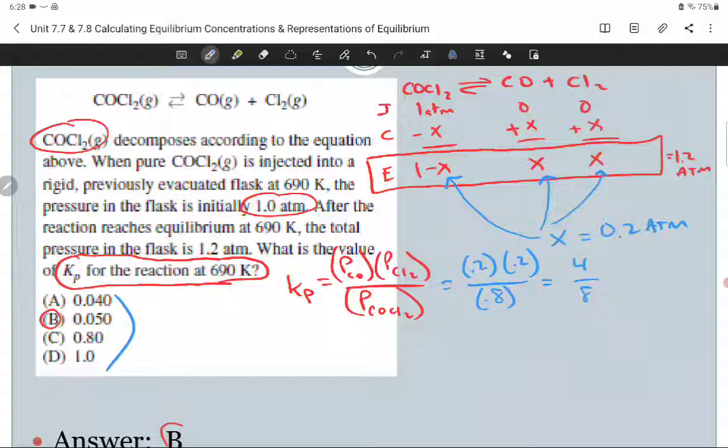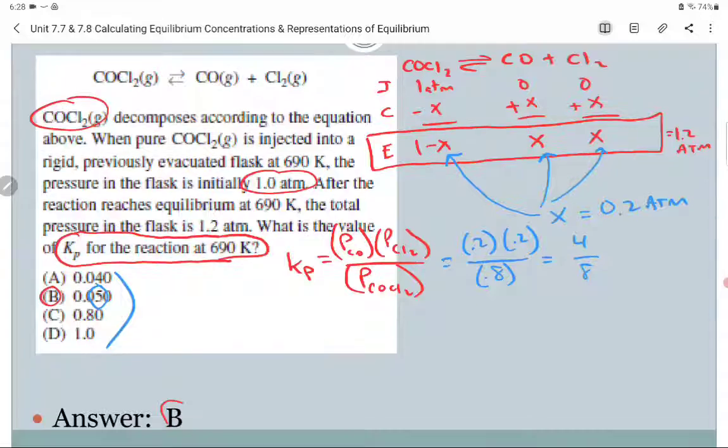And yes, we got the decimal places. No worries. But 4 divided by 8 is a half. Which of these numbers reflect a half? Right there. That's a trick that I would suggest. If you have your own trick, if you don't want to use any tricks and use full math, that's fine. You just won't get to use a calculator on the AP exam for these questions.